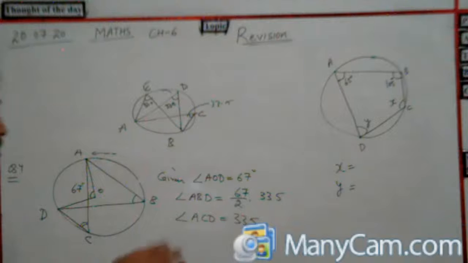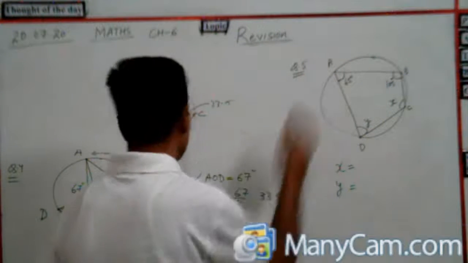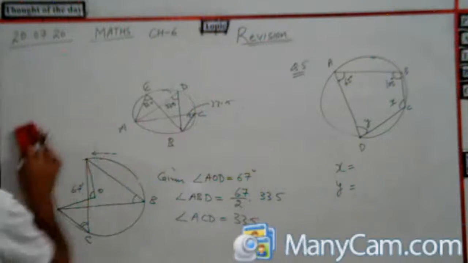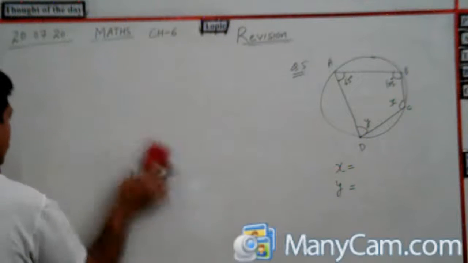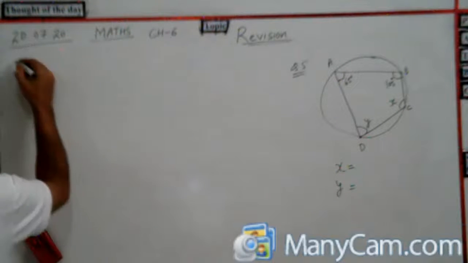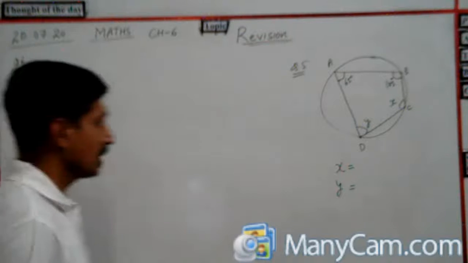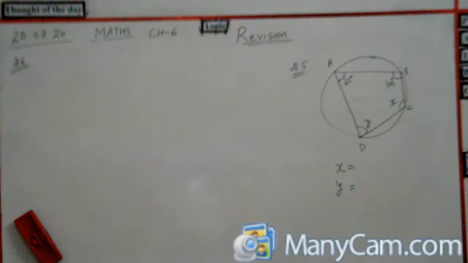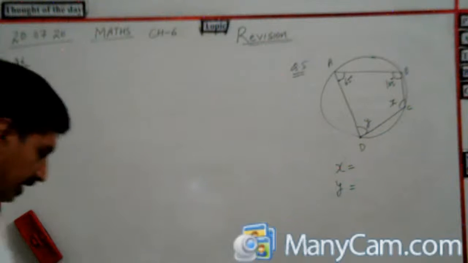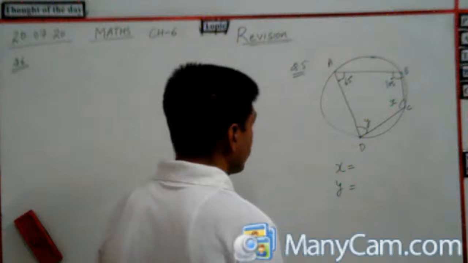Now, question number 5. What is the value of x and what is the value of y? Akshit is saying y is 75. Yes, very right.